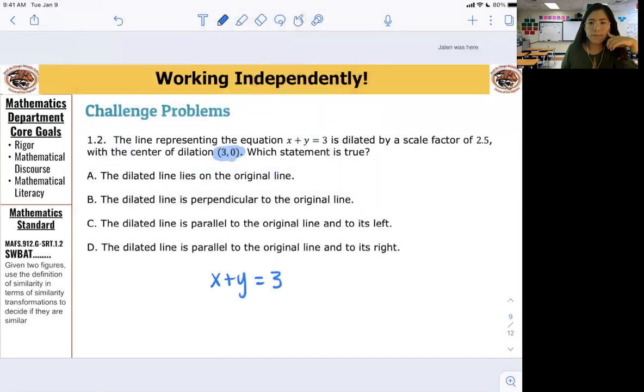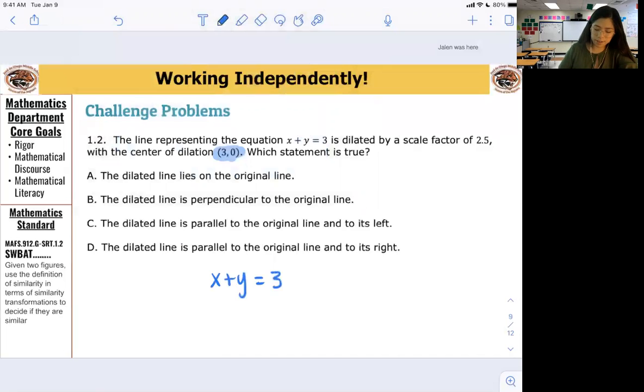I first made it into slope-intercept form and then I just plugged in the coordinate point. Do you have to make it into slope-intercept form? I don't think so. No, you don't. You just did extra work. You can just plug it right in.